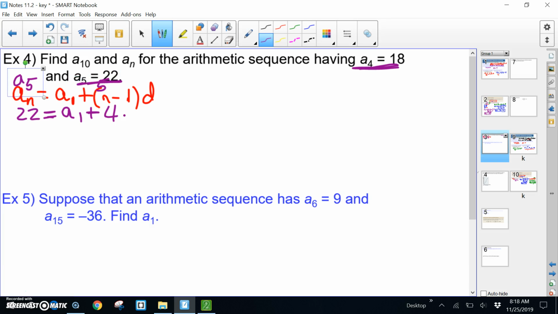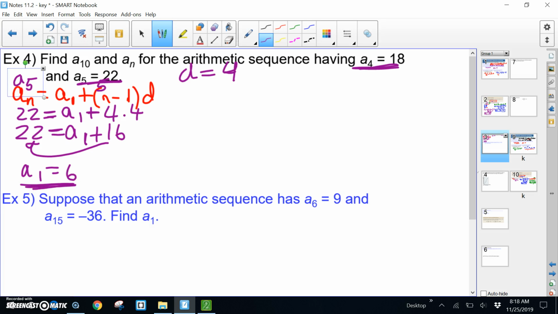To get from the fourth term to the fifth term, D is adding 4, right? Go from 18 to 22, you're adding 4. So we've got 4 times 4 in this formula. So 22 equals A1 plus 16. Subtract the 16 over shows me that A1 equals 6.